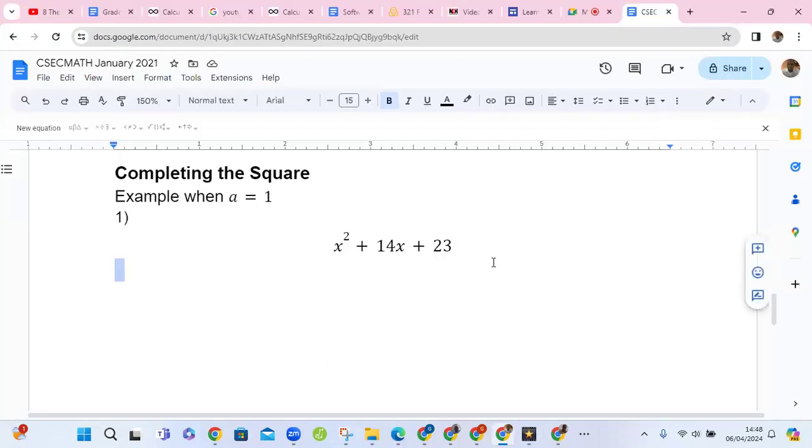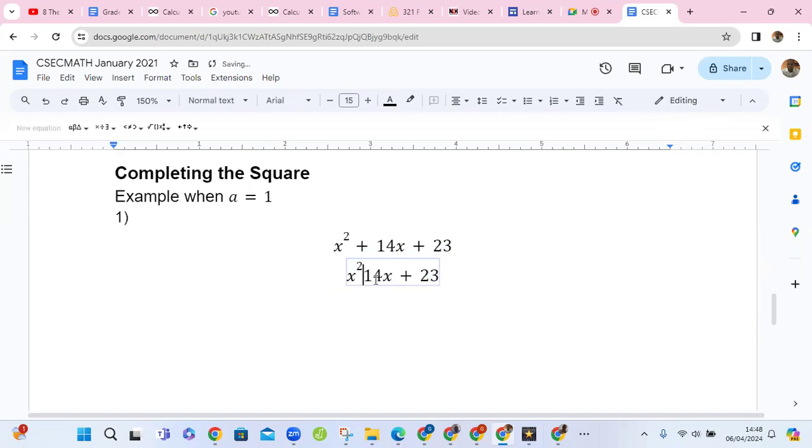So here we have another example. As we say, a is already 1. So therefore what we basically do is to identify b. B is equal to 14 and c is equal to 23. So right away we can find what p is.